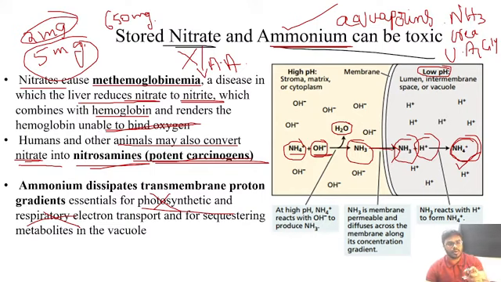The statement I want to conclude here is that the nitrates and ammonium, if they are stored, will become extremely toxic. So that's why plants or animals should not store these two. Instead of storing, we have to convert them into a utilizable form. What is that particular utilizable form?